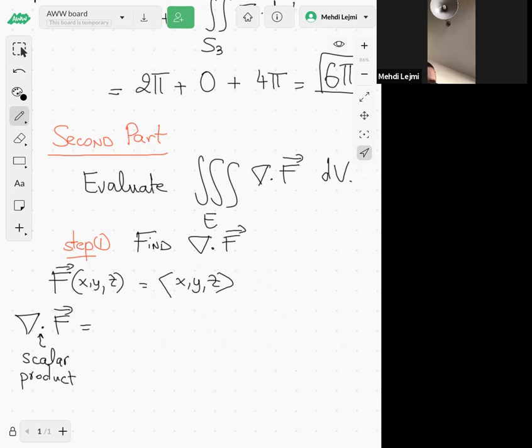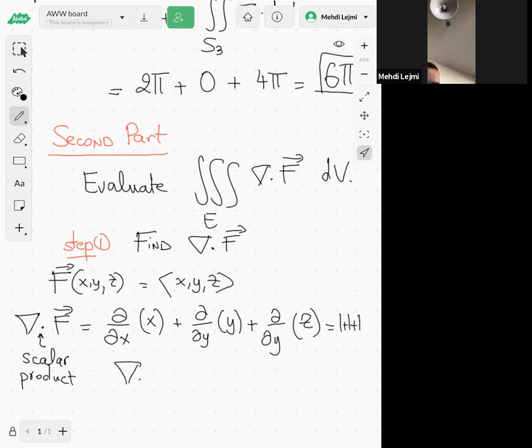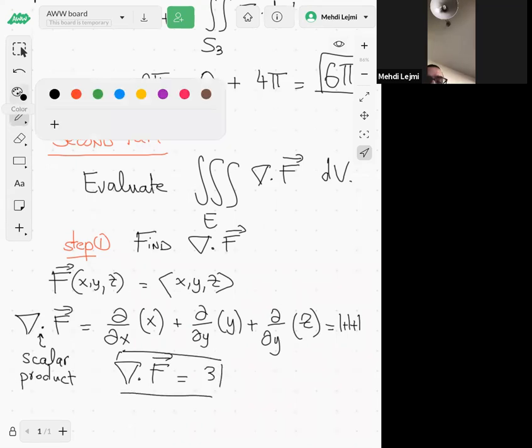So it's partial X of the first component plus partial Y of the second component plus partial Z of the third component. That will be equal to 1 plus 1 plus 1, which is 3. So the divergence of F is equal to 3.